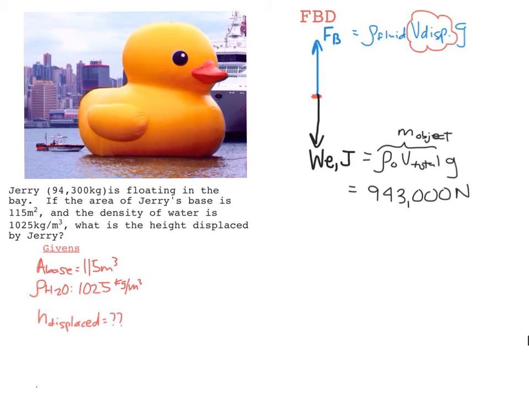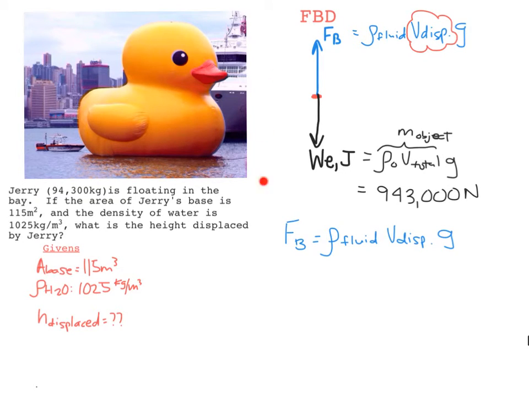So let's figure out how we can find volume displaced, because we know volume is area times height, and that will probably help us find height displaced. I brought this formula down here: buoyant force, density of the fluid, volume displaced, gravity. Now, we have the density of the fluid, we know gravity, but we don't know buoyant force yet, and we don't know the volume displaced.